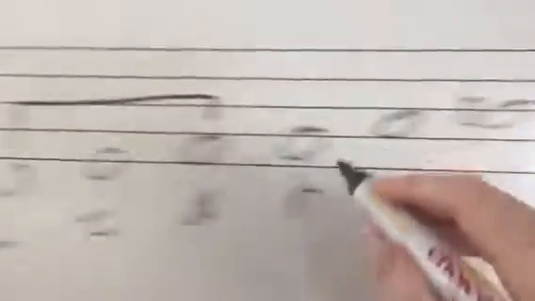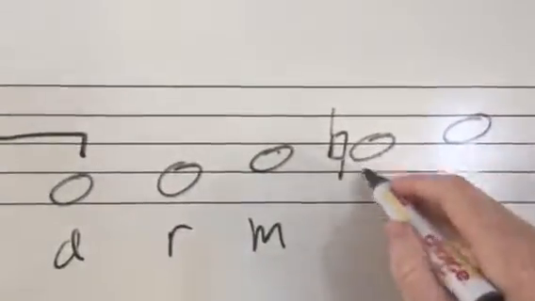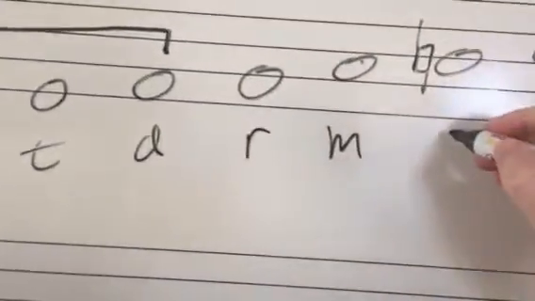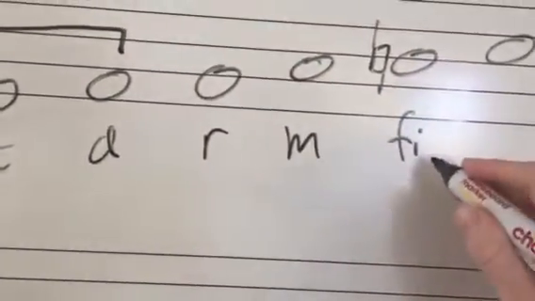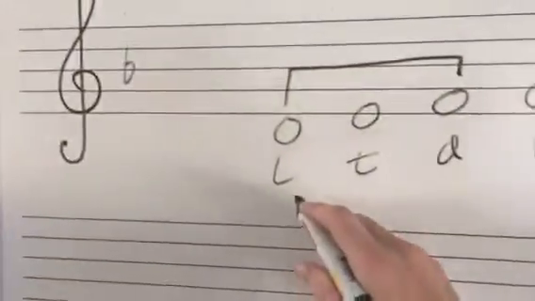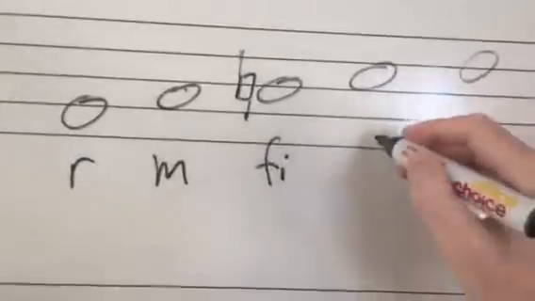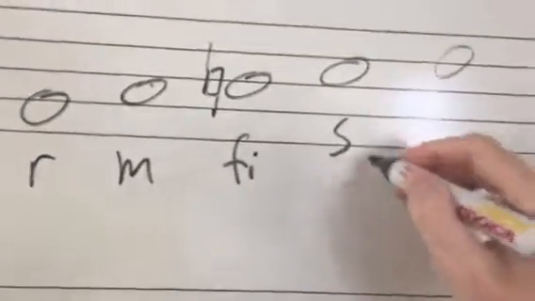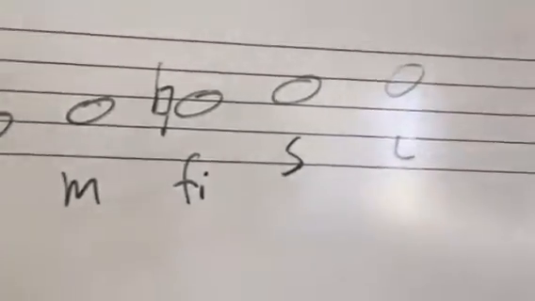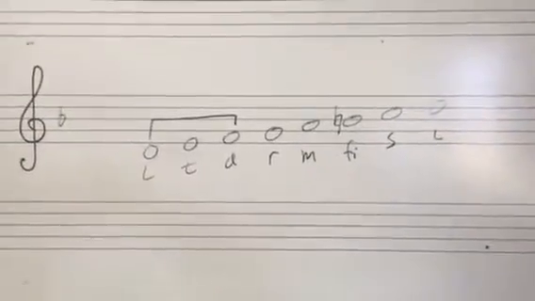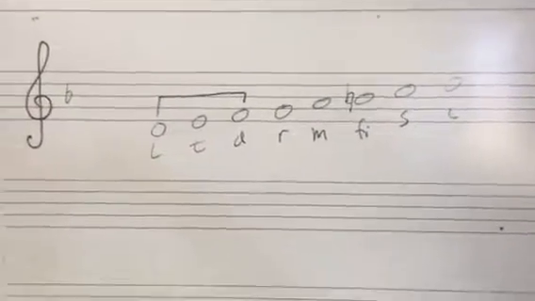But our B flat needs to be a B natural to stick in the key of C major if we're treating this as the second mode. And that will give us a Fi syllable. So, La, Ti, Do, Re, Mi, Fi. And then continuing on, So, La. So that is the Dorian mode.